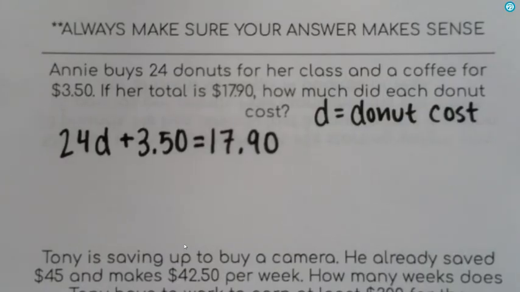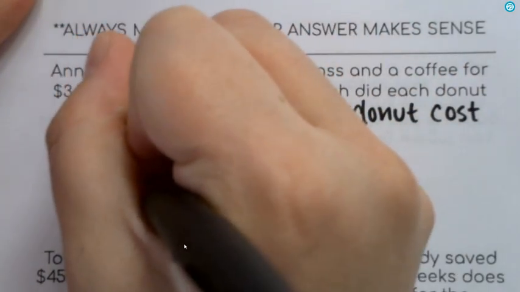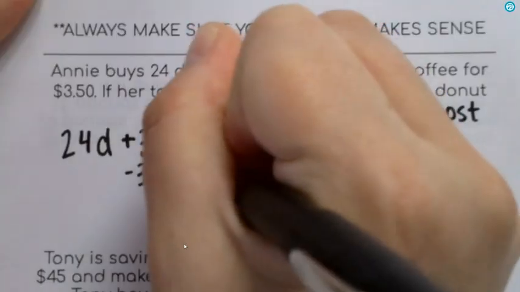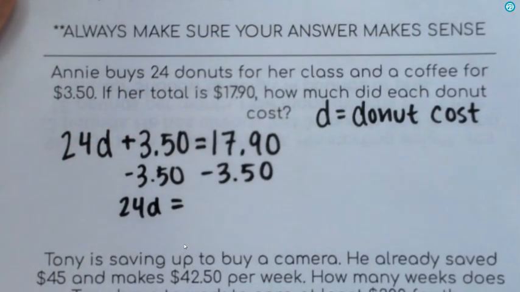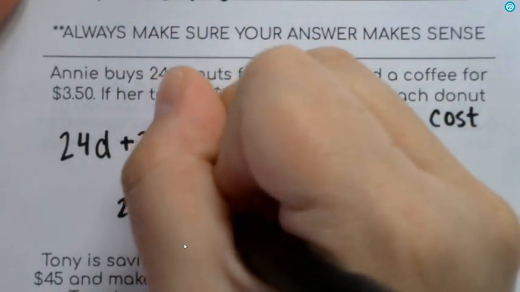Okay, from here, we just solve it like a normal equation. I'll subtract 3.50 from both sides. I'll get 24D equals 17.90 minus 3.50 is $14.40.